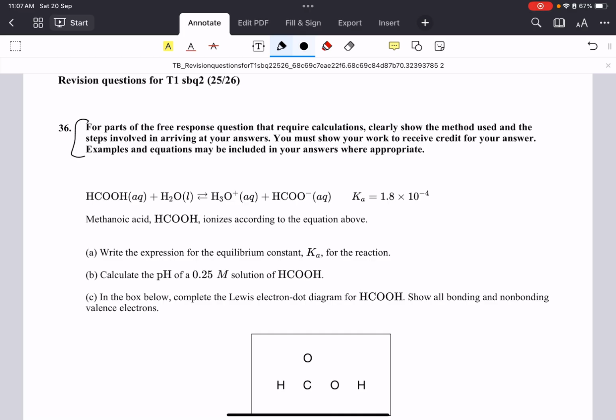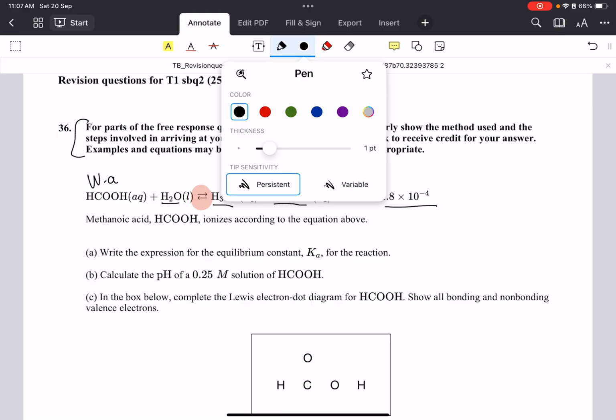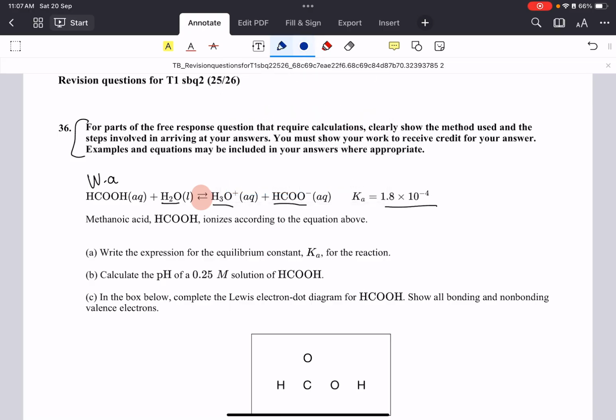So here I have a weak acid that is ionizing to produce H3O plus and the conjugate base. Ka is showing that this is a weak acid, also the arrows over here. Now the question says methanoic acid ionizes partially according to the equation above. The question says write the expression of Ka.